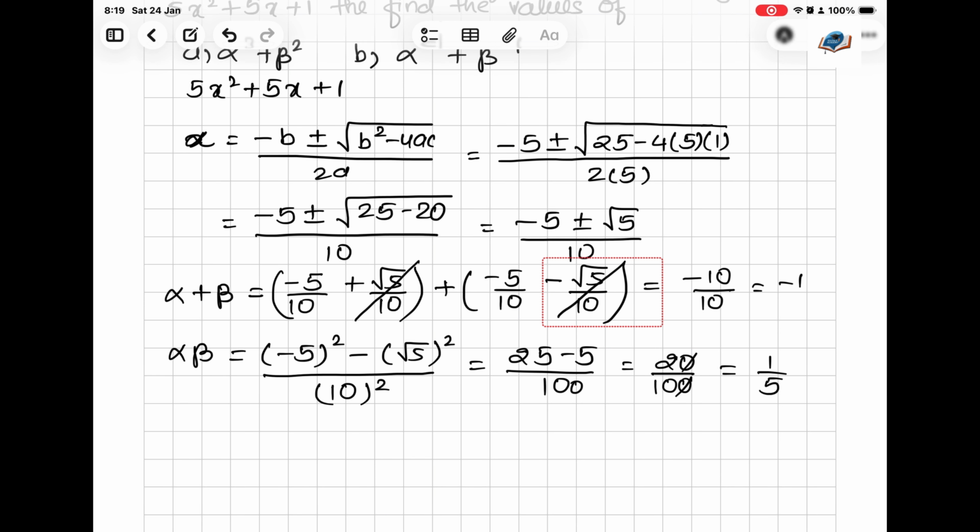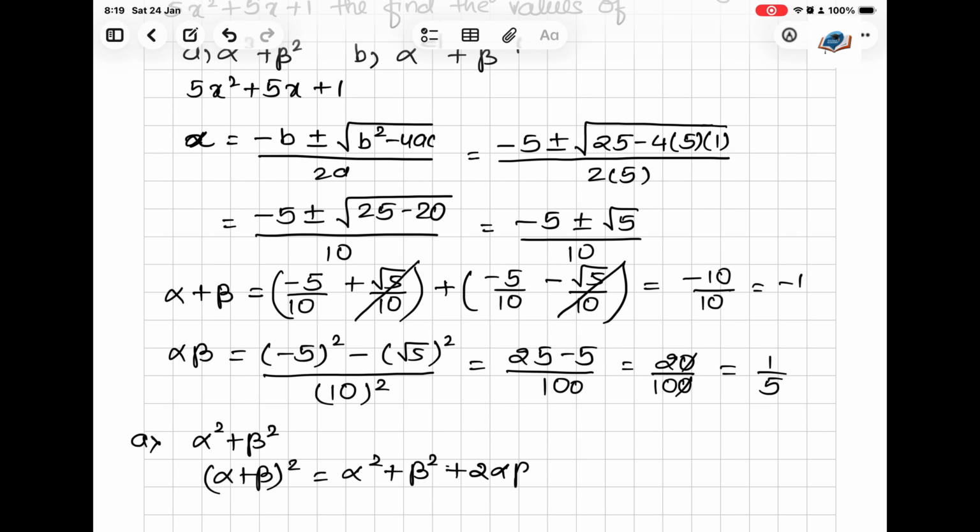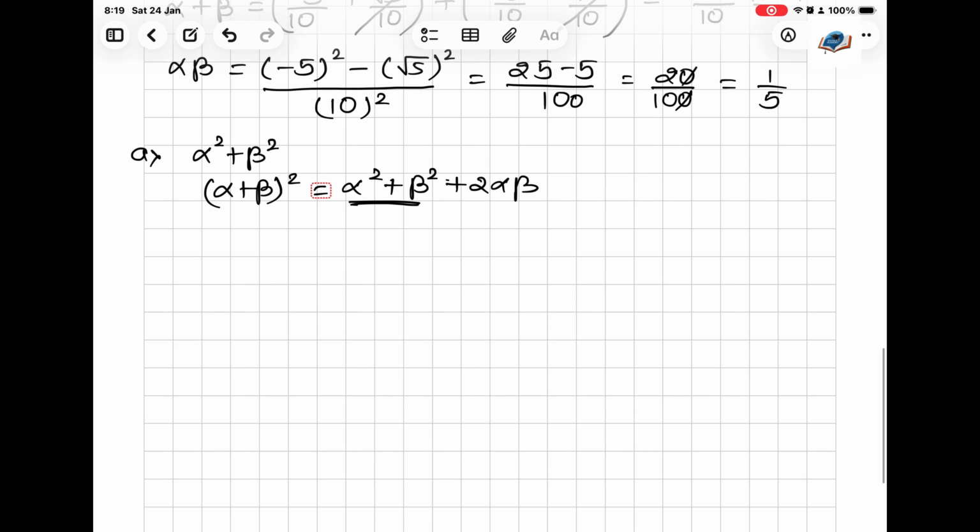So therefore, now part (a) asks for alpha square plus beta square. If I see carefully, alpha plus beta whole square equals alpha square plus beta square plus 2 alpha beta. Now from this, if I want alpha square plus beta square, I have to take the remaining things on the other side.